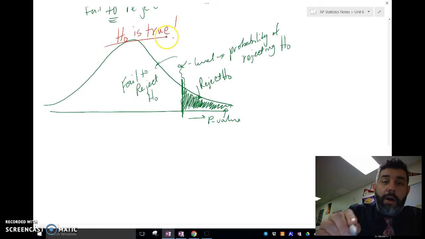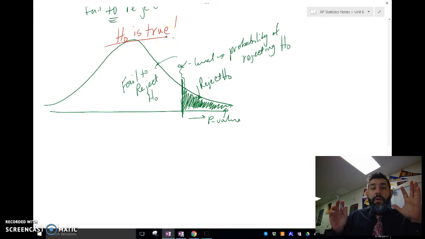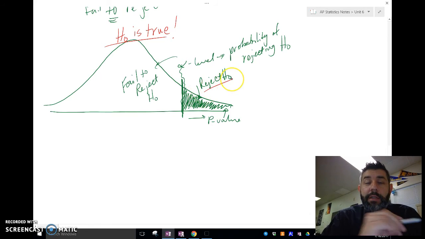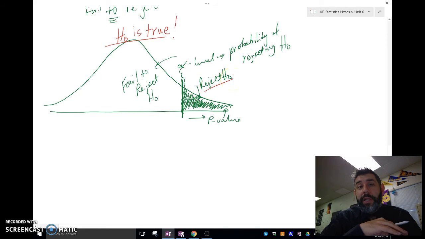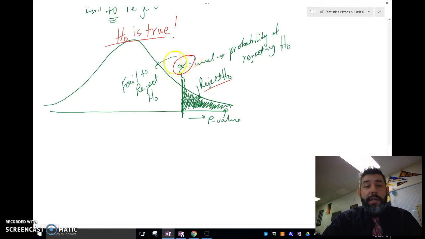What should we do? We should fail to reject it, but instead we ended up rejecting the null hypothesis. So what's the probability that we end up rejecting a true null hypothesis by accident? In essence, what is the probability that we commit a type 1 error? That probability is alpha. So the probability of a type 1 error is alpha.